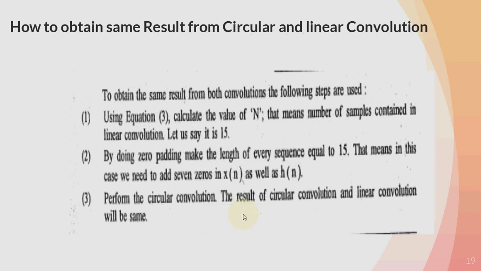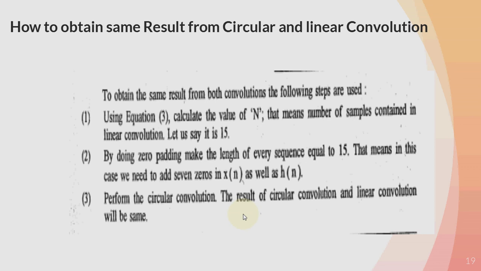So the question is how to obtain the same results from the circular and linear convolution. To obtain the same results from both convolutions, the following steps are used. Use equation number 3 to calculate N, that means the number of samples contained in the linear convolution. Suppose it is 15. By zero padding, make the length of every sequence equal to 15.